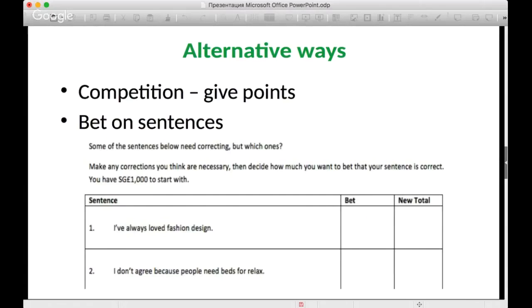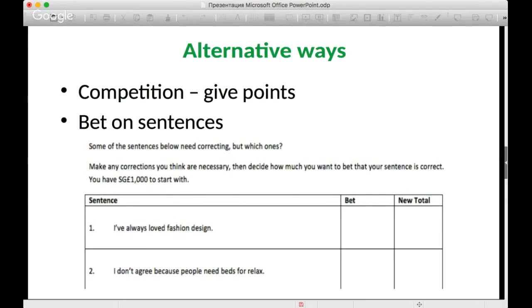Then, a more time-consuming but very interesting way is betting on sentences. Here you have part of the task: a column with wrong and correct sentences, then a second column with bets and new total. You give your students the worksheet, and they can work in pairs.